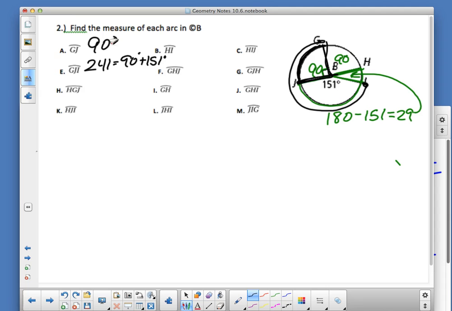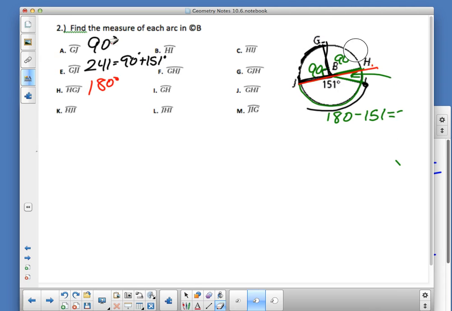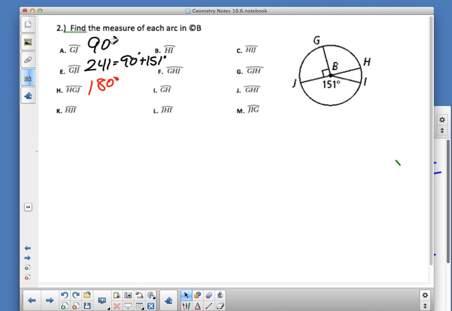HGJ is that. It's a semicircle, 180. HJI is a little tougher. I'm going to get rid of this stuff. I do know that this is 29 degrees.